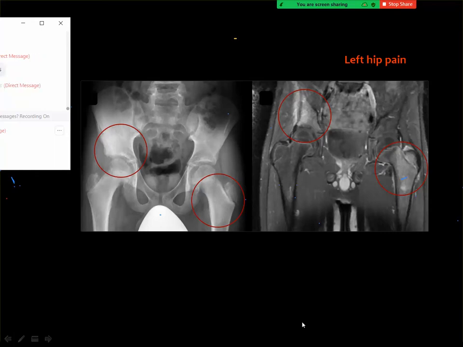No, this is not migratory osteoporosis, and this is not metastatic deposits. You see, this is a child, and all you got here is bone marrow edema in the right iliac bone, as well as bone marrow edema in the proximal left femur.